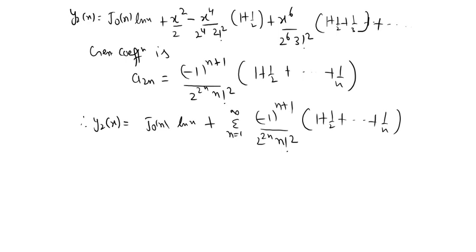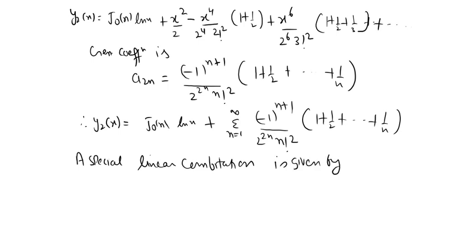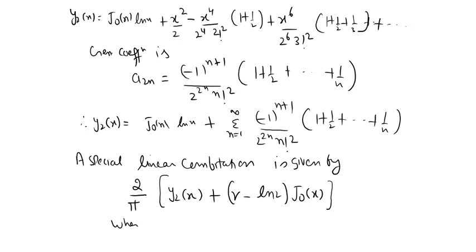So now we take a special linear combination of the second solution, given by 2 by pi y2 x plus gamma minus log 2 times J0 x, where gamma is a number known as Euler's constant.